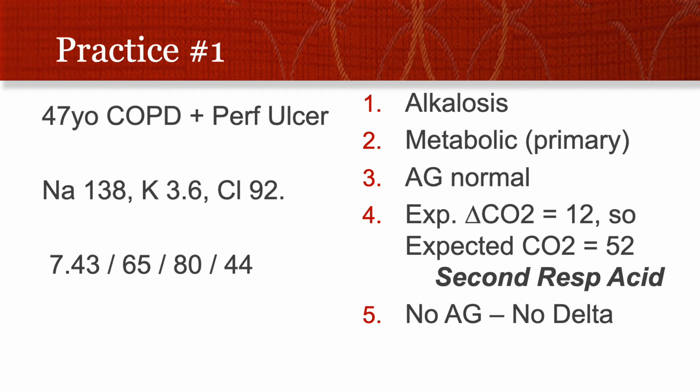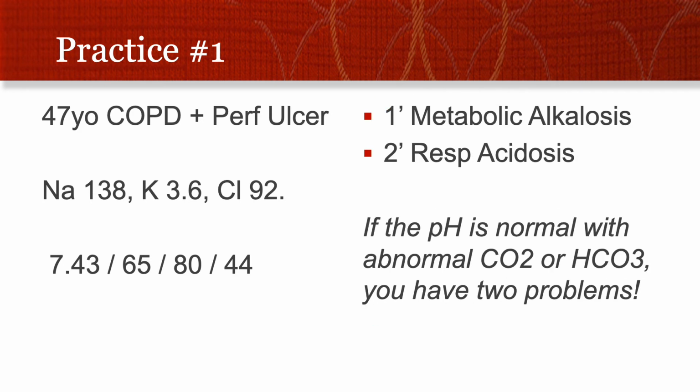The reason that I have this as the first teaching point is to drive home the following. If your pH is normal or almost normal with an abnormal CO2 or bicarb, you always have two problems. So if the CO2 is way off but the pH is fine, you have two problems.